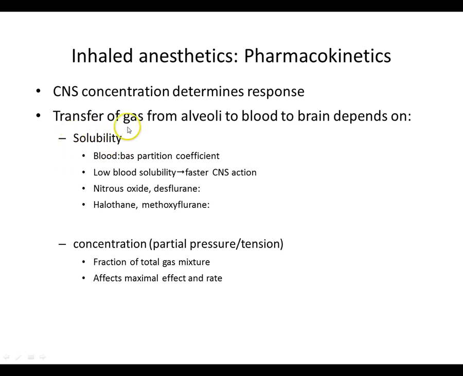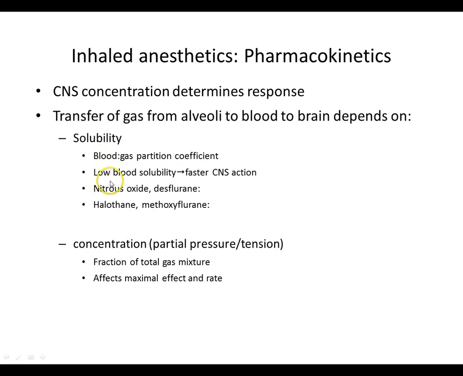So the parameter that primarily determines the speed of action of a drug is going to be the solubility. And so then it's a little counterintuitive. So when we talk about solubility, we're talking about the solubility of a gas or a volatile liquid into the blood, and that's defined by the blood-gas partition coefficient.